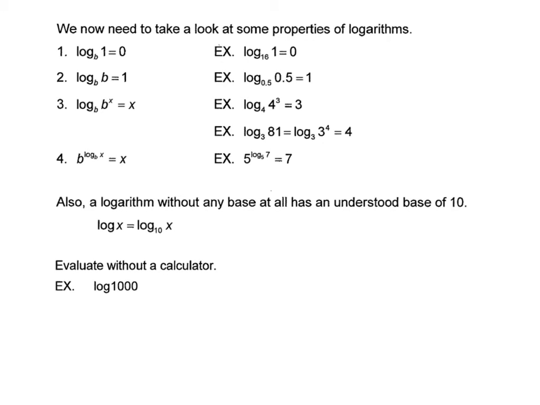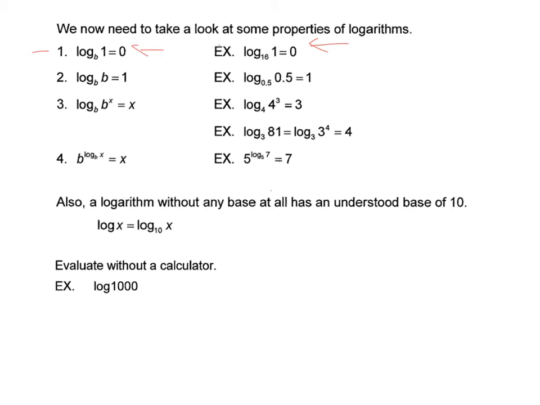Take a look at some properties of logarithms. Here are several properties. I'll give you the property and then an example. Number 1, log base b of 1 equals 0. That means the log of any base of 1 always comes out to be 0. So for the example, log base 16 of 1 has to equal 0.